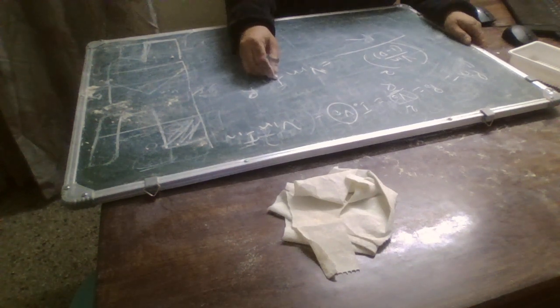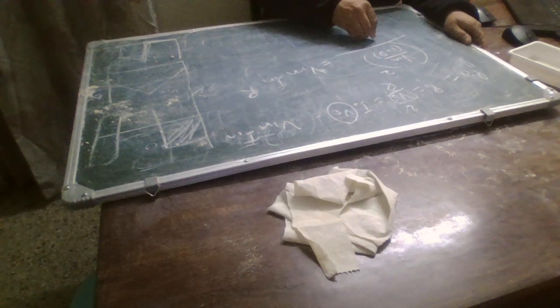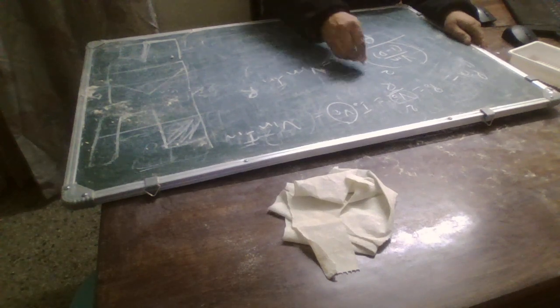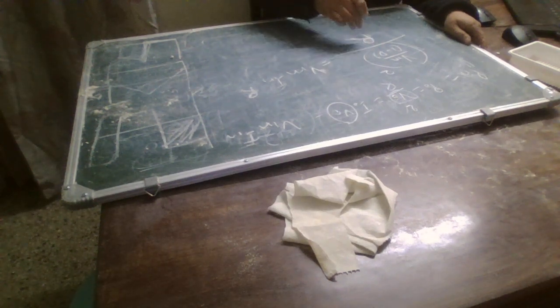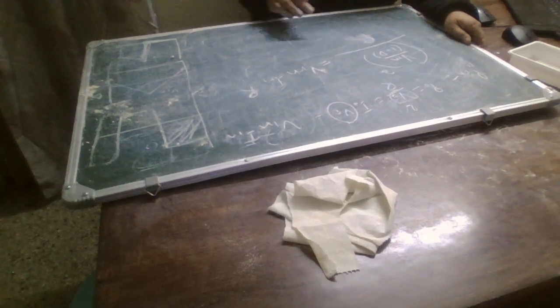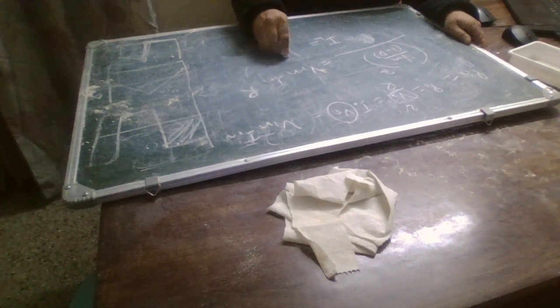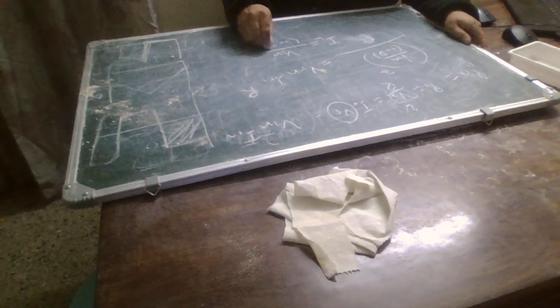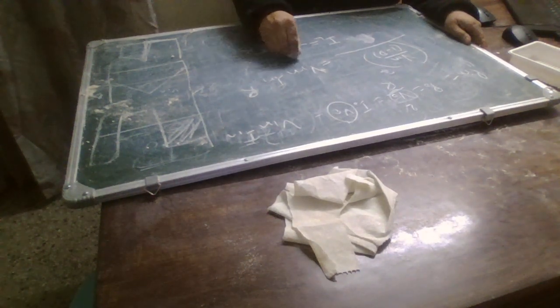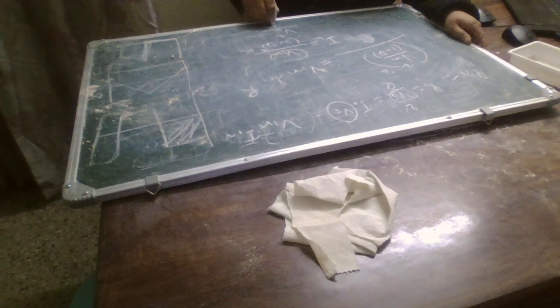The average inductor current IL is going to be V input upon 1 minus D, the whole square, R. This is not a square, like here it's a square because it's basically V input square, but here it's V input.